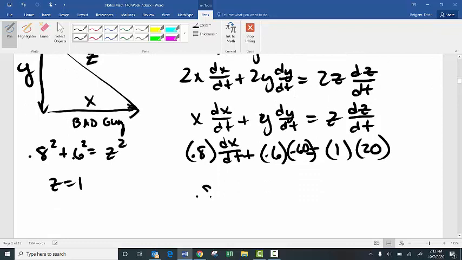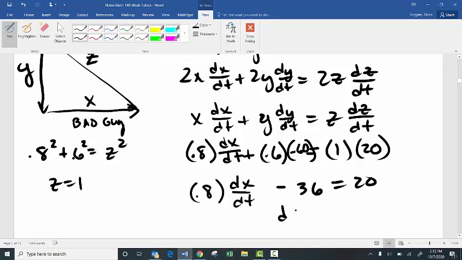So what you do is you just do a little math here. This will be negative 36, and then equals 20. So eventually, what you do is you're going to add 36, and you get 56, and then you divide by 0.8, and you get 70.